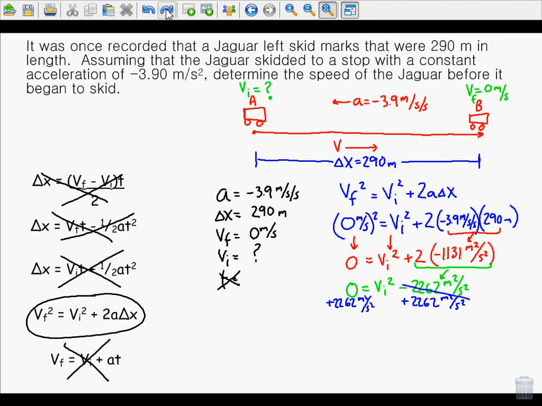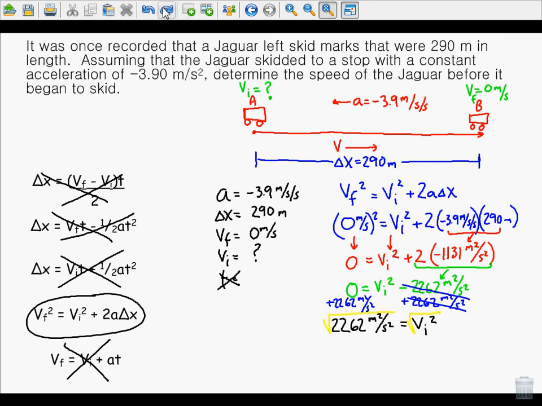And I can cross that out now on one side because those two cancel out, and I end up with positive 2,262 meters squared over seconds squared, which equals initial velocity squared. Now, since I need to know what initial velocity is, I'm going to find the square root, similar to what we were doing in the previous lesson with our Pythagorean theorem.